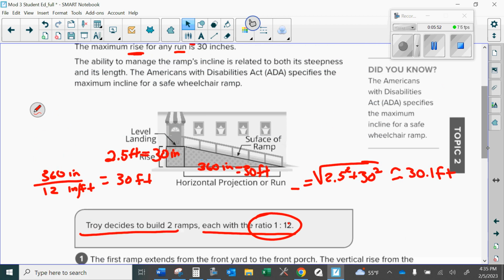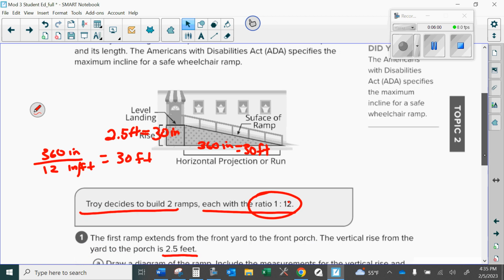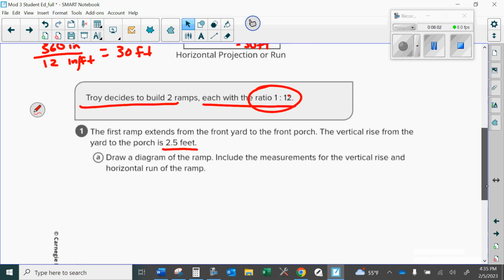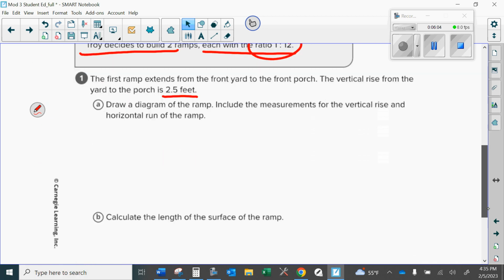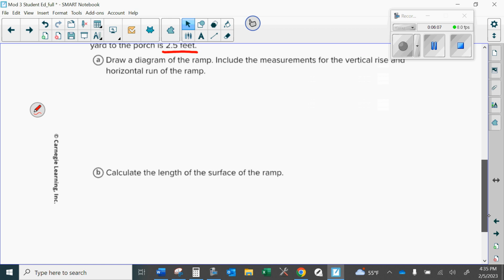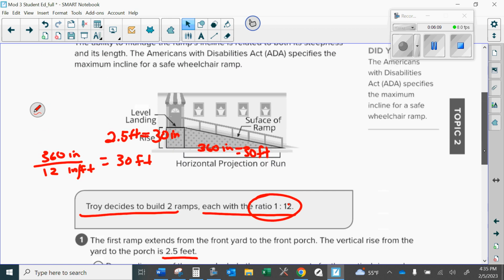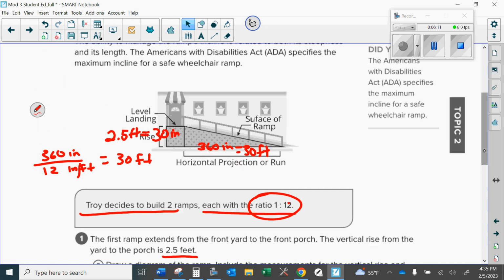Okay, so now how long would that ramp have to be? We just include that, the drawing line, to include the length of the ramp on B here. Since I have two sides in a right triangle, I can use the Pythagorean theorem. So I have a squared plus b squared equals c squared.